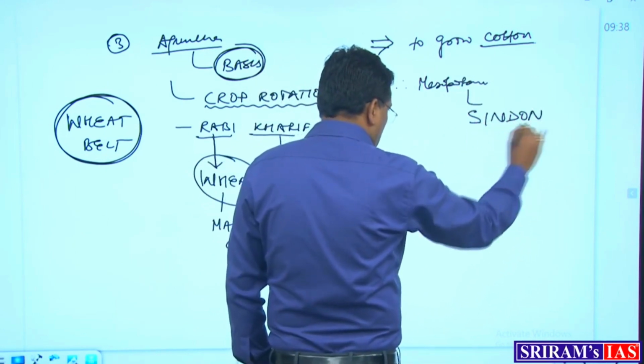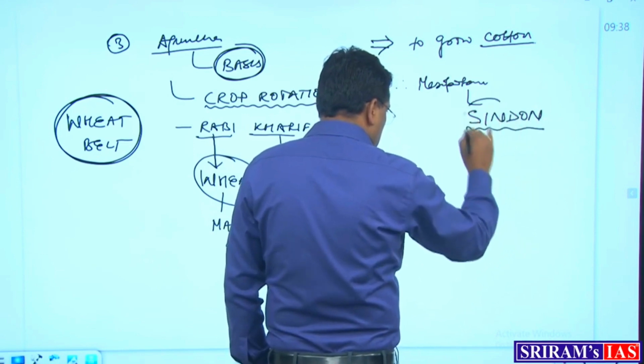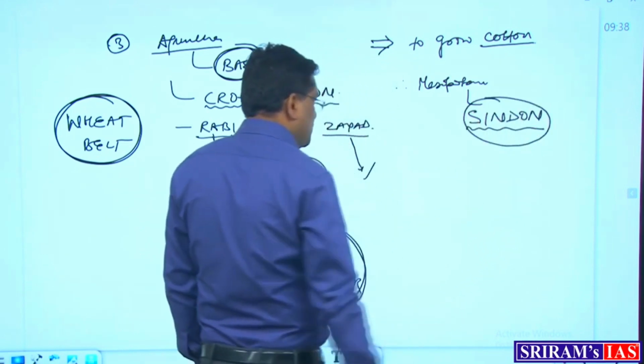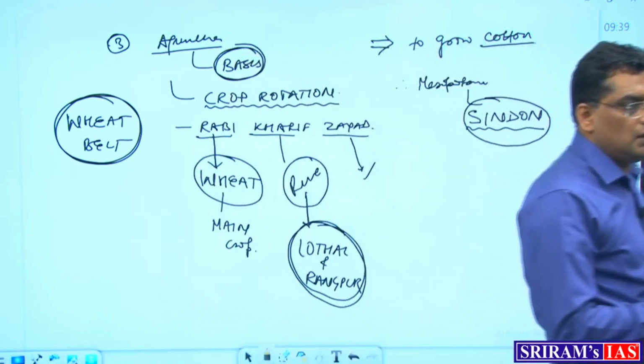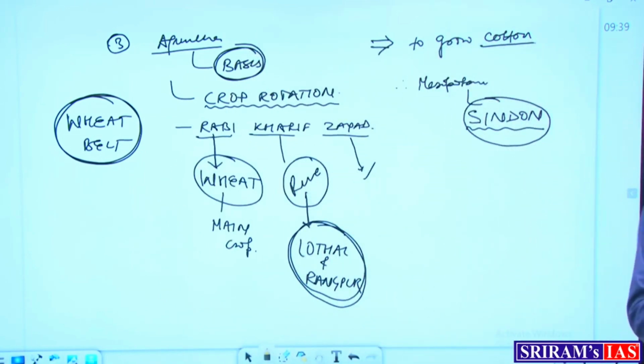In the Mesopotamian literature we have found in Iraq, it is called Sindan, because it was grown in the Sindhu river, the Indus valley.